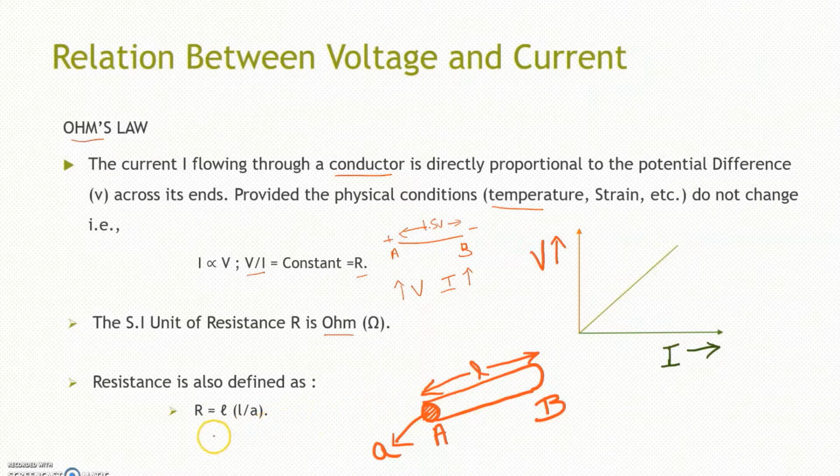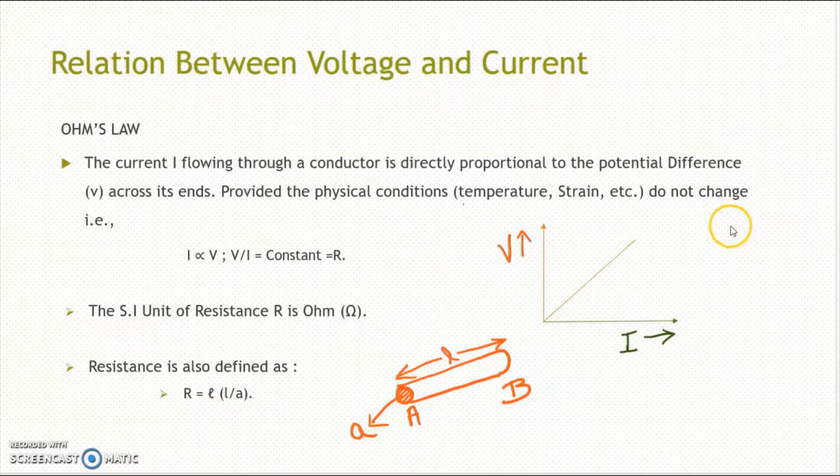Using this relation, we write R equal to rho L by A. What is rho? Rho is the resistivity, which we also call specific resistance. It depends upon the nature of the material, the nature of the metal. Another important thing which you need to understand here is about the drawbacks of Ohm's law.